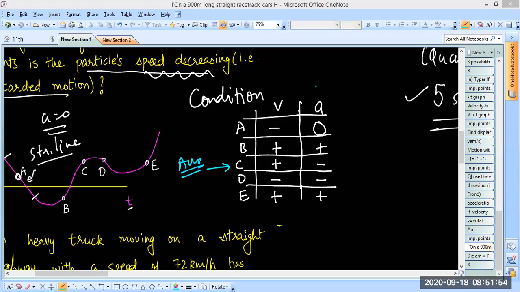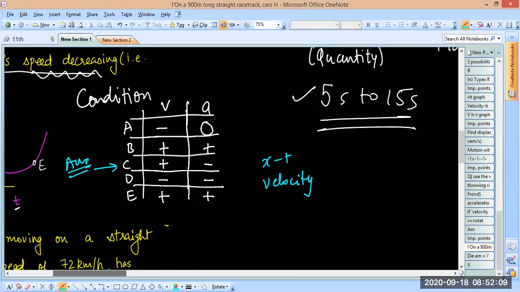Okay, Vedant, what's your question? At B, velocity will be negative. All right, everyone, xt graph. How do you find velocity from xt graph? Are you seeing it's retardation if both are in opposite direction to each other?